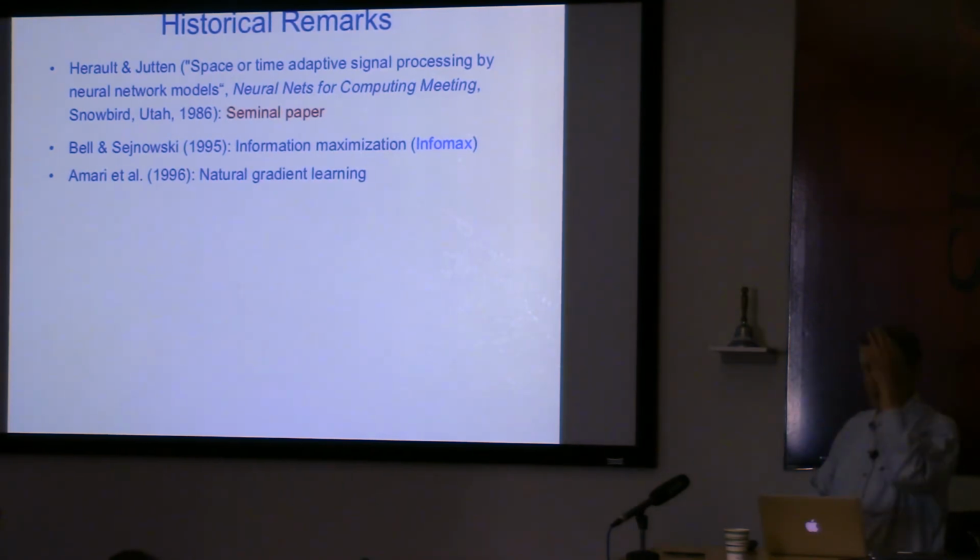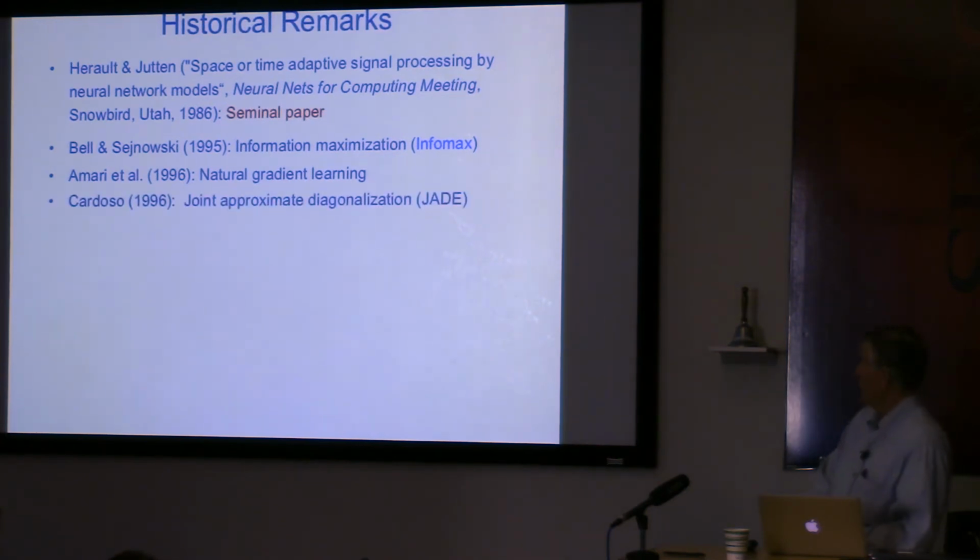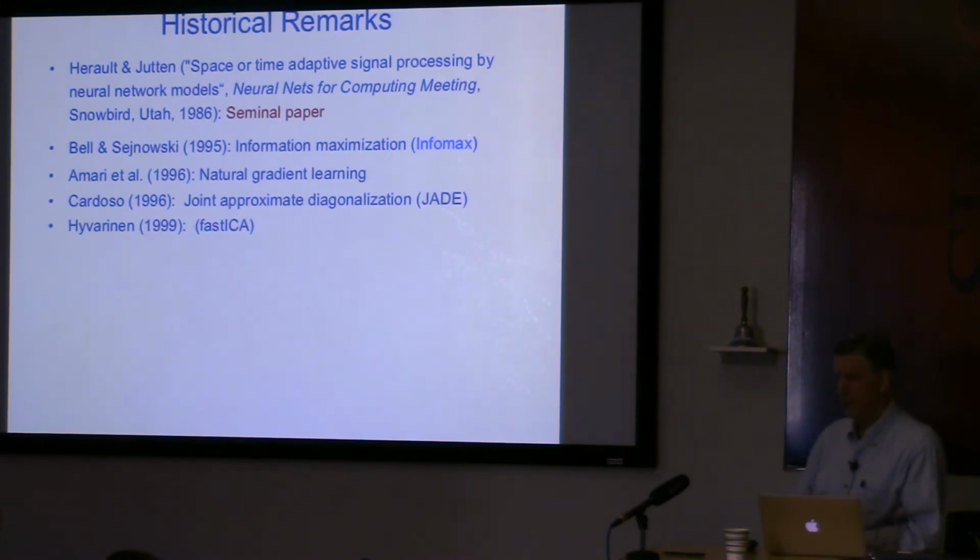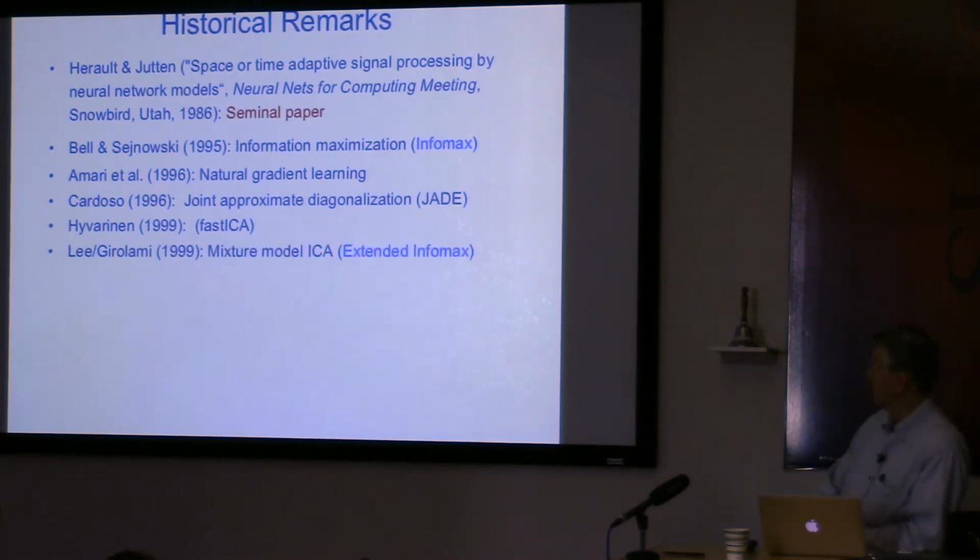He's a very abstract mathematician in information geometry, and he talked about the importance of natural gradient learning that made the algorithm more efficient. Cardoso came up with a different approach, joint diagonalization, and Hyvärinen came up with his self-named FastICA, which is not necessarily fast if you want to do a complete decomposition, and is not as accurate as some other decompositions, as we'll see.